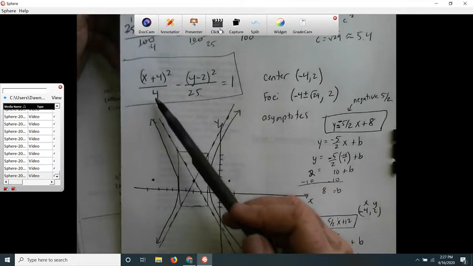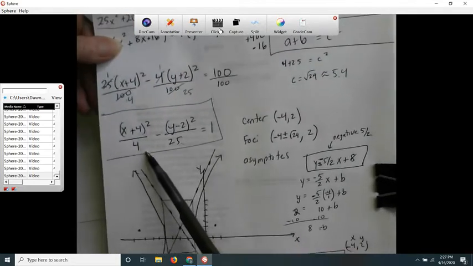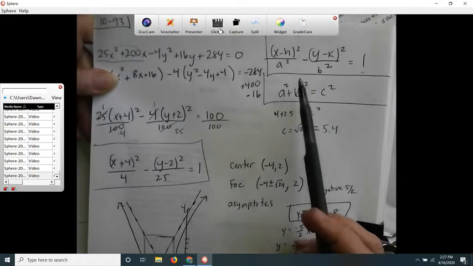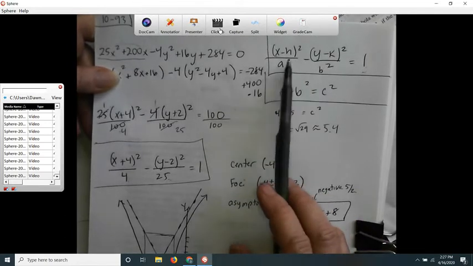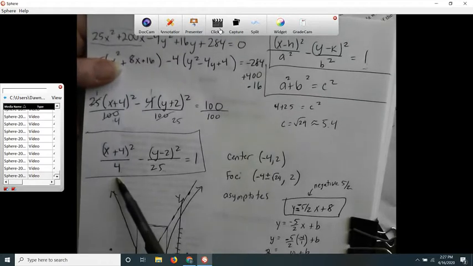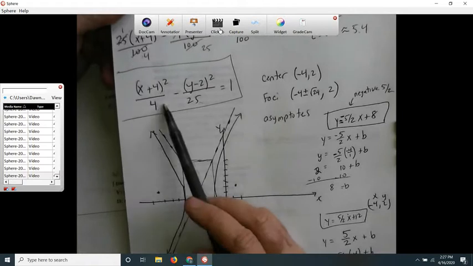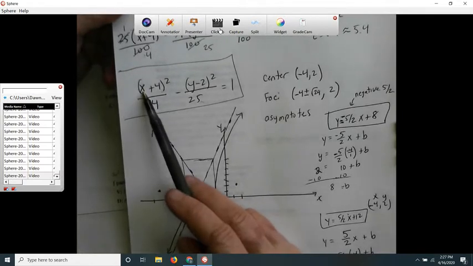So this thing tells me to go, this is a squared, and actually I think it's b squared. You're supposed to put the bigger number as a and the smaller number as b. So anyway, the square root of this number tells me where to go right and left because it's under x.